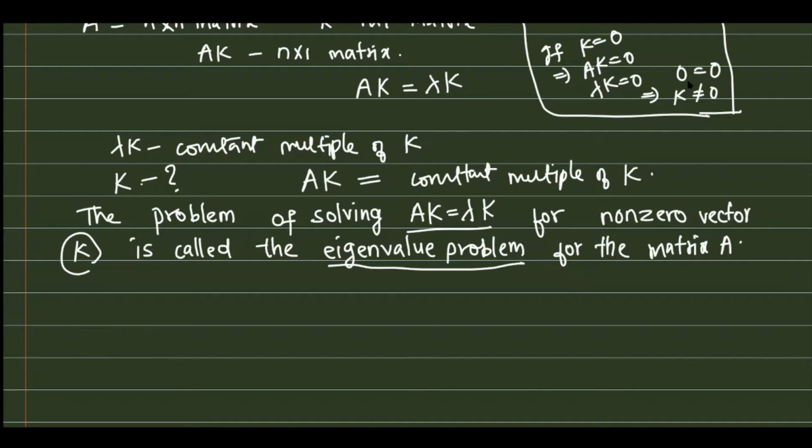And if there exists such a vector K, the vector K is called an eigenvector, and the corresponding value of that constant lambda is called the eigenvalue.